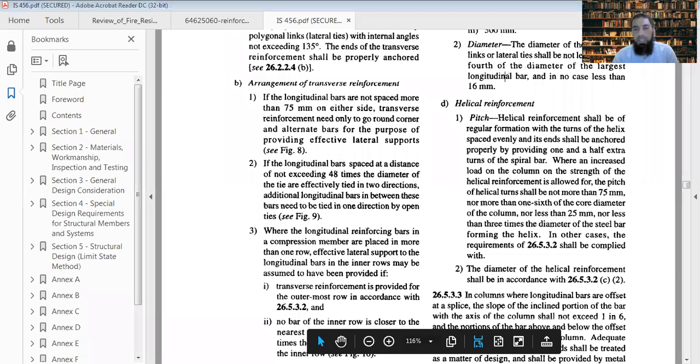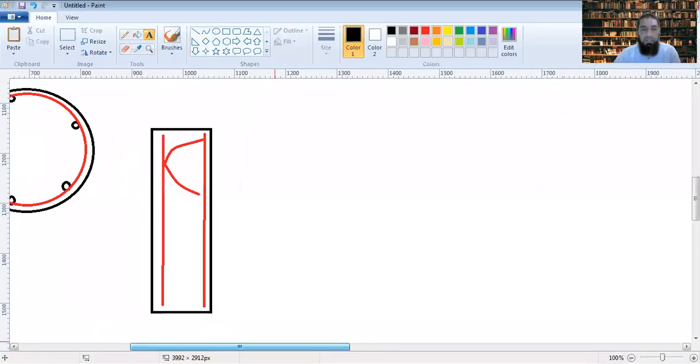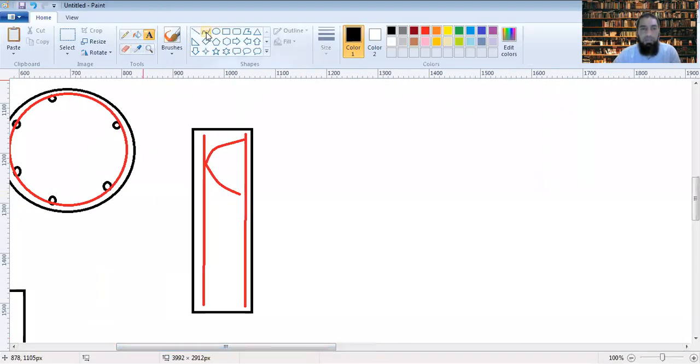And how do we provide the pitch there? In helical reinforcement, this is the helical reinforcement. From this point onwards, there is a turn, and it again reaches that point.